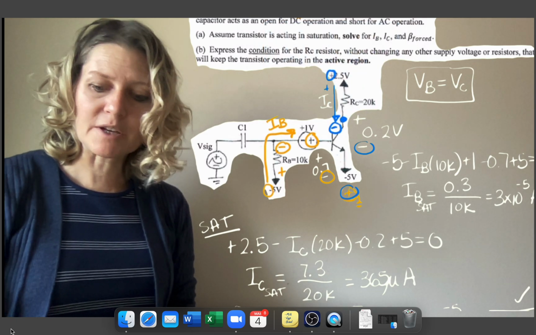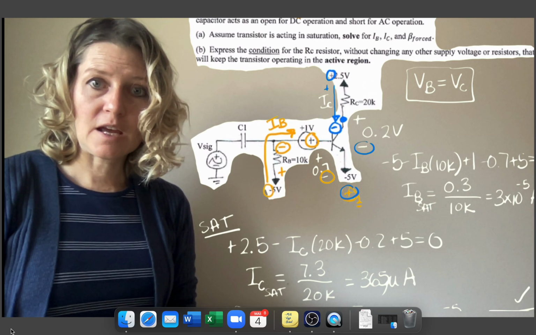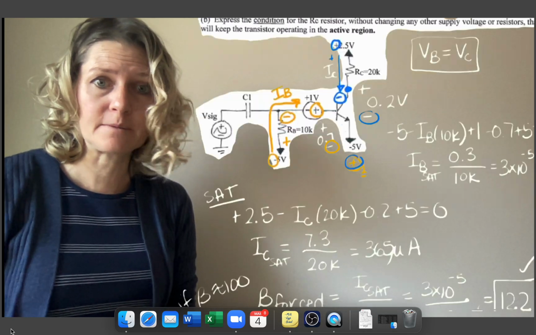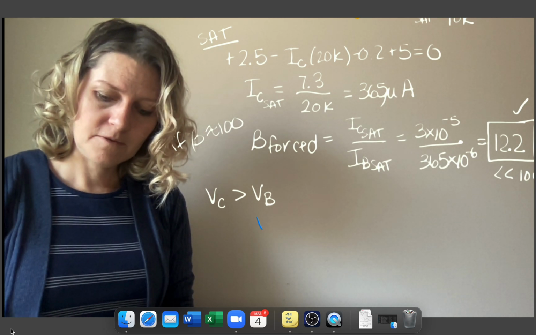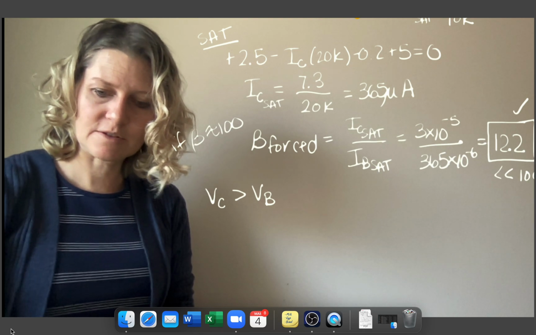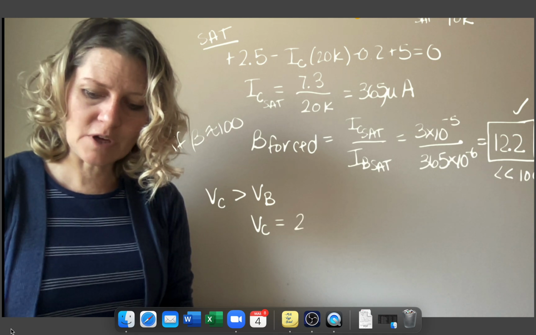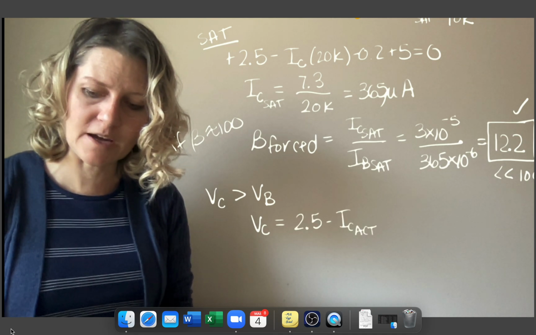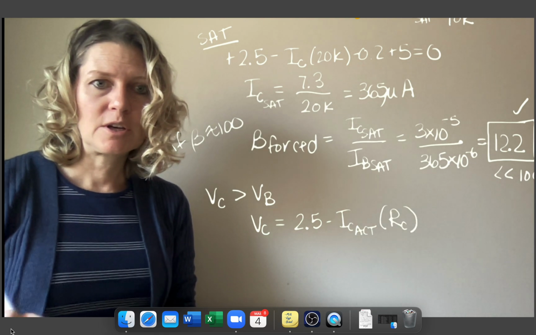So we have a plus 2.5 minus IC RC, and this would be in the active region now, would be equal to VC there. So VC is equal to that 2.5 minus IC, now we're looking at the active value, times RC, and this is the value we want to find.